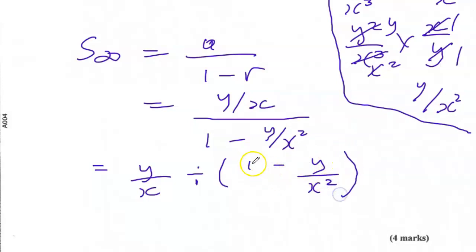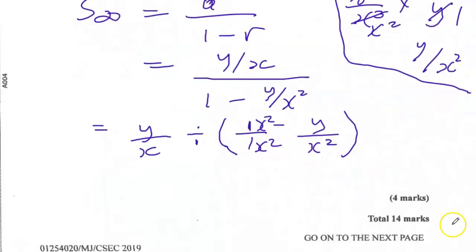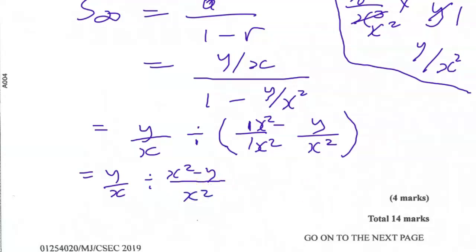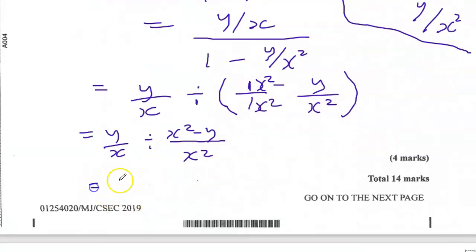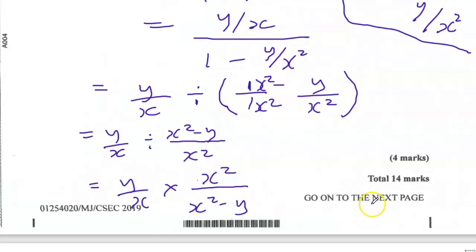Now let's rewrite the 1 as x squared over x squared. So this becomes y over x divided by x squared minus y over x squared, which is the same as y over x times x squared over x squared minus y.